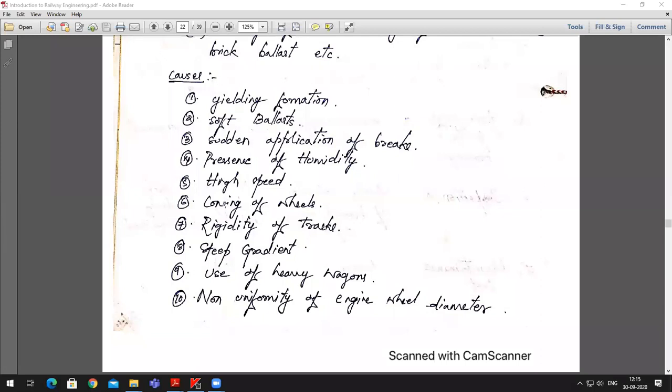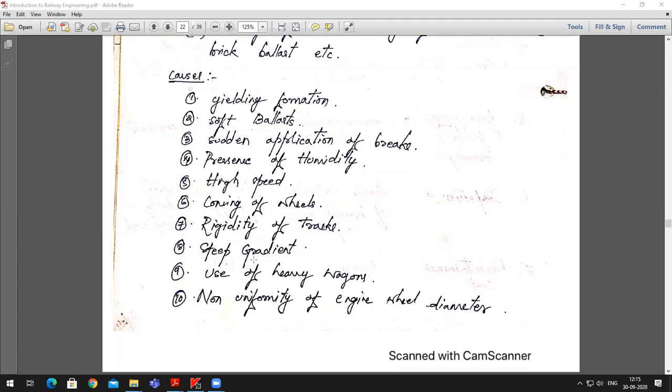The other reason or cause of rail corrugation might be high speed. It might be because of improper coning of wheels. If the coning of wheel is not being properly designed, and if it is not being properly maintained, then improper coning of wheels also can cause such rail corrugations. Then alongside, you have rigidity of track also to be a cause of rail corrugation.